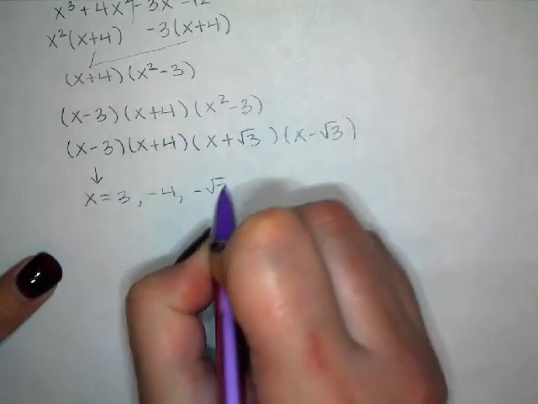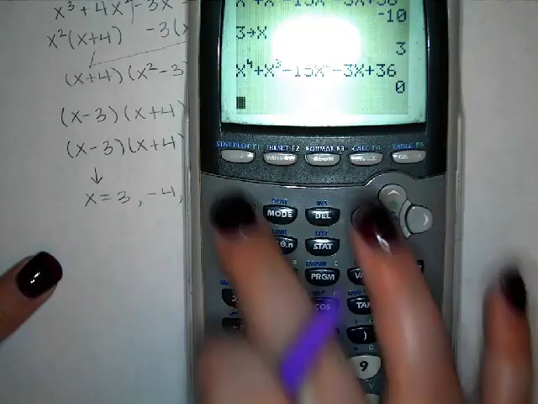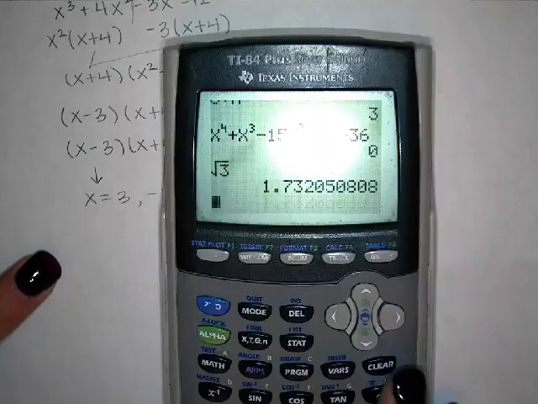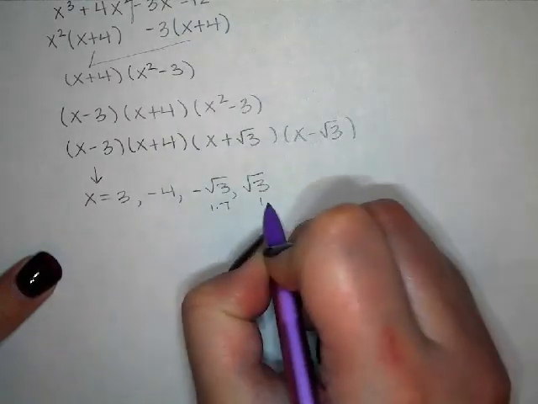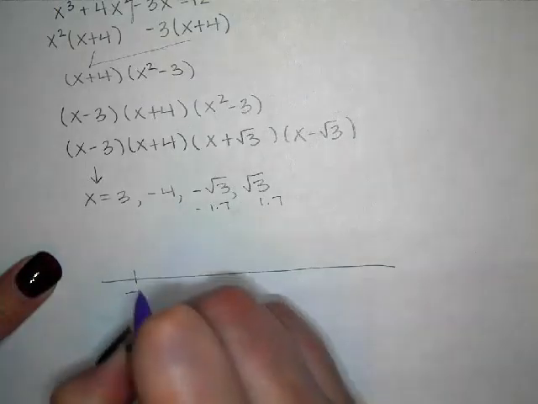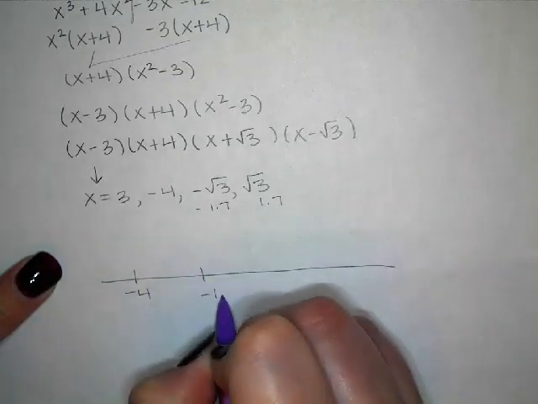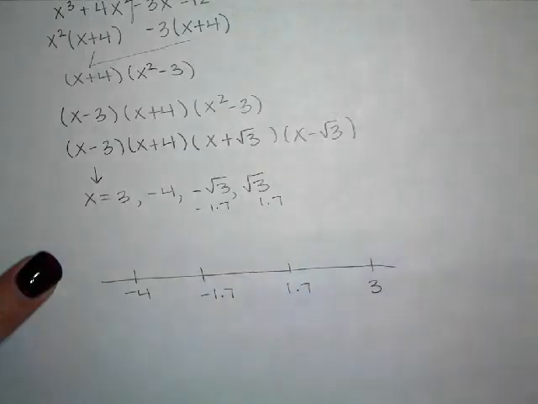And I just want to make sure I know what the square root of 3 is. It's 1.7. So I'm just going to keep in mind that these are 1.7 for when I draw my sign chart. So -4, -1.7, 1.73. Okay, so it says less than 0.